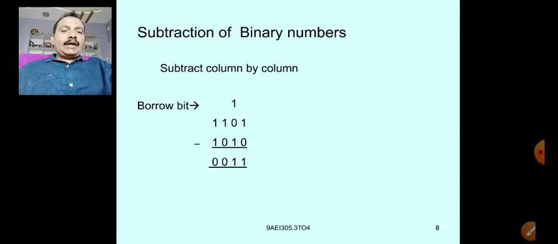1101 minus 1010. 1 minus 0 is 1. Okay, 0 minus 1 you can't do. So what you have to do is take borrow 2 from the next position, like this.